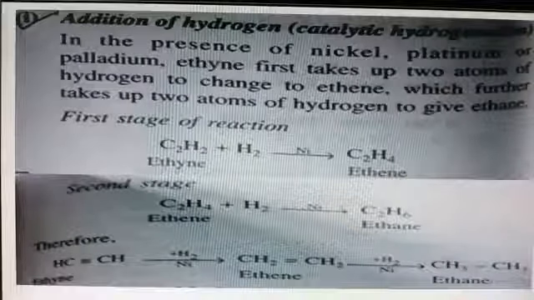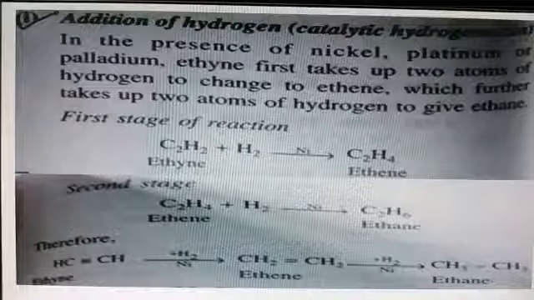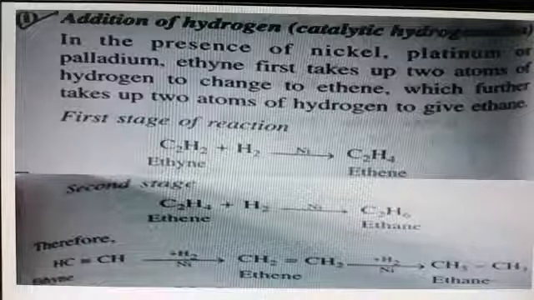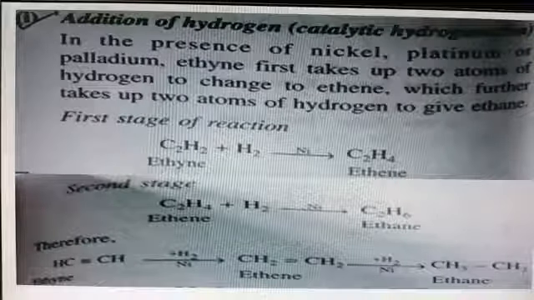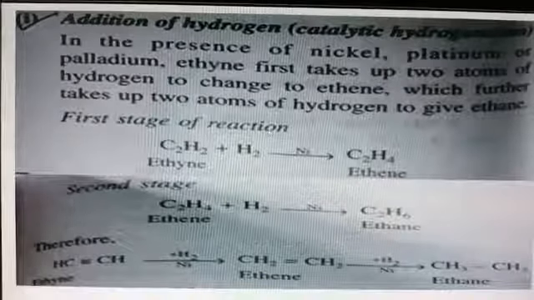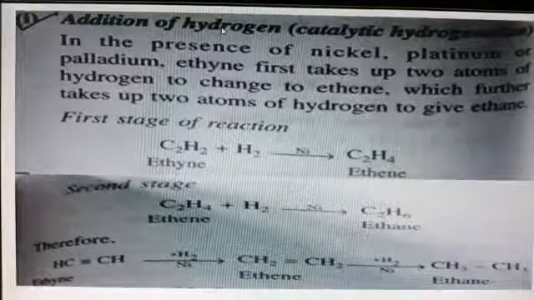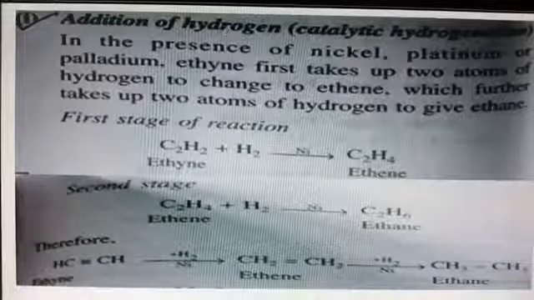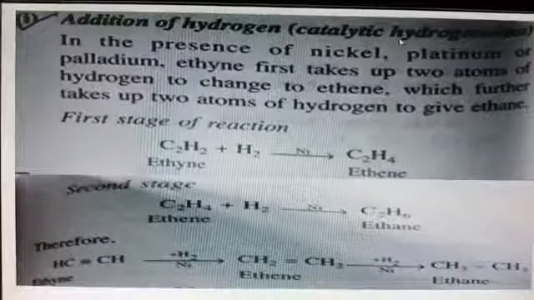Ethyne first takes up 2 atoms of hydrogen to change to ethene, which further takes up 2 atoms of hydrogen to give ethane. So let's see it stage wise. This is the first stage of the reaction. In addition of hydrogen, in each and every step hydrogen will be added.